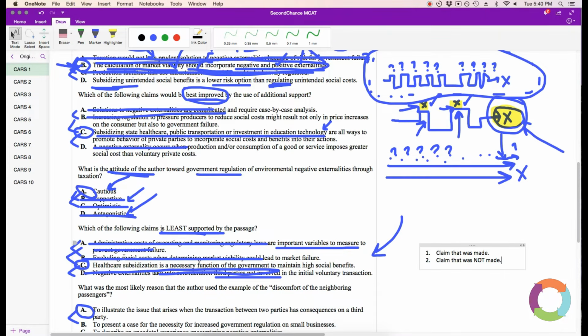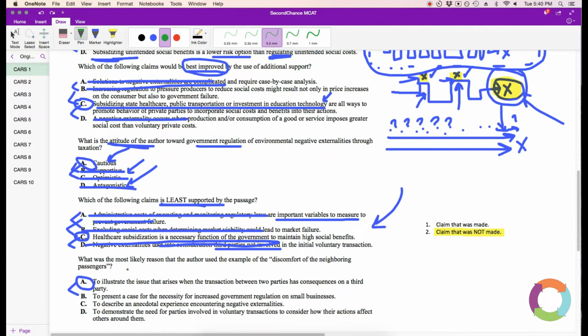And so you just go A versus B, you go one by one, and see which of these is a claim that was very much not made, not made at all. And then you'll see that healthcare subsidization is a necessary function of the government. That has the least support at all, as compared to the other ones, if you were to bracket them.